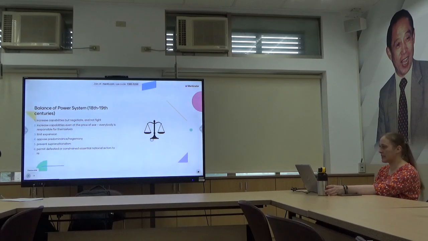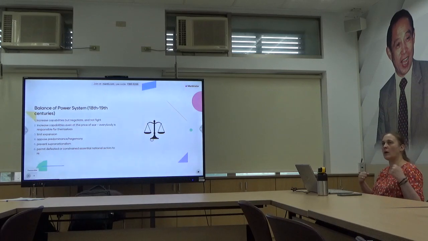The first point says increase capabilities but negotiate and not fight. Increase is like go up or grow. And capabilities, I think, in this text means strength, so how strong a country is. Okay, so a country needs to become stronger, but not through war, but through negotiation, right, through talks.